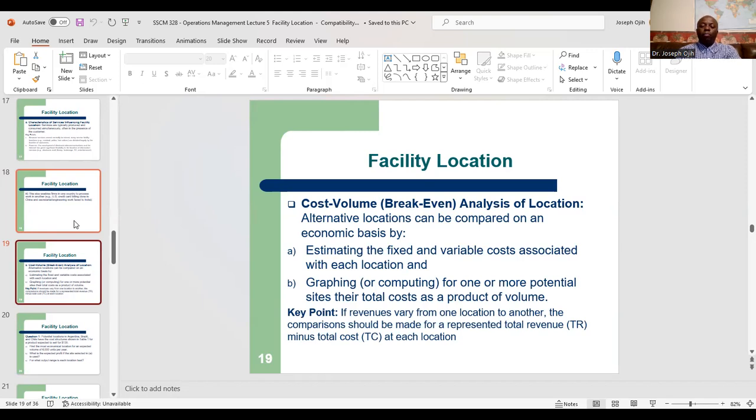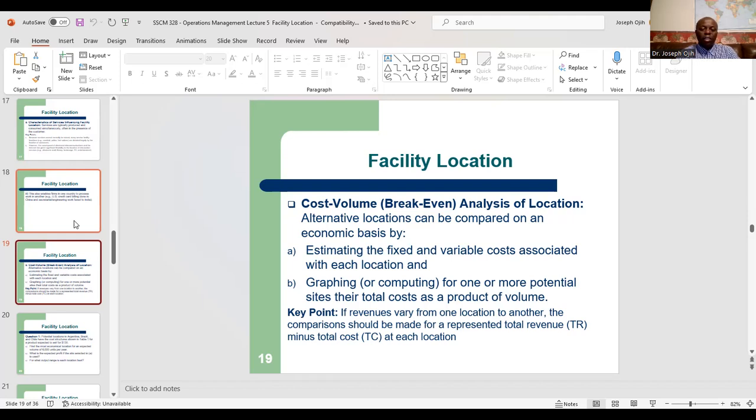Then either you compute or you graph the information you have for one or more potential sites. You graph their total cost against product volume, or you can just calculate it. Then you can use that to decide which place is the best location for the facility.